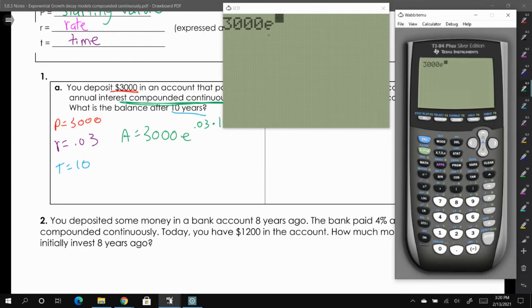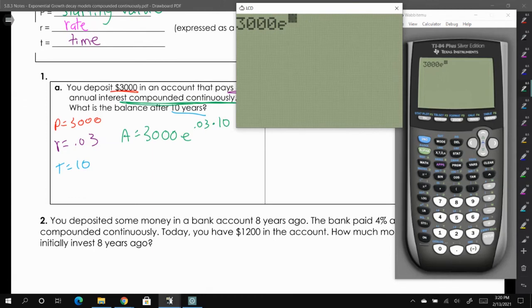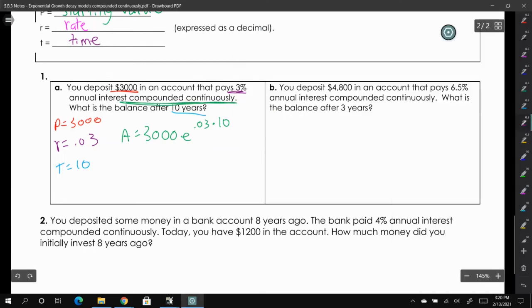So you see we have E raised to some power. Well, now we can type in 0.03 times 10. And we get $4,049.58. Okay, so that is your answer.